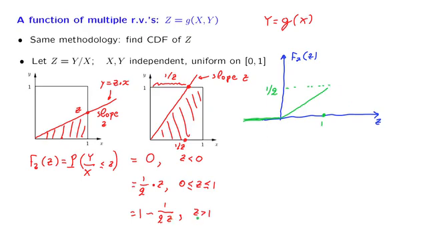And then, as z goes to infinity, this term disappears, and the CDF will converge to 1. So it converges to 1 monotonically, but in a non-linear fashion, so we get a picture of this type. The next step, the final step, is to differentiate the CDF and obtain the PDF.